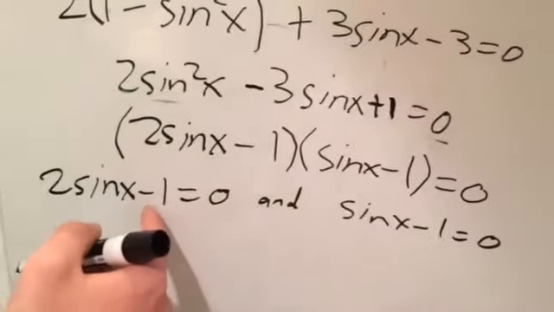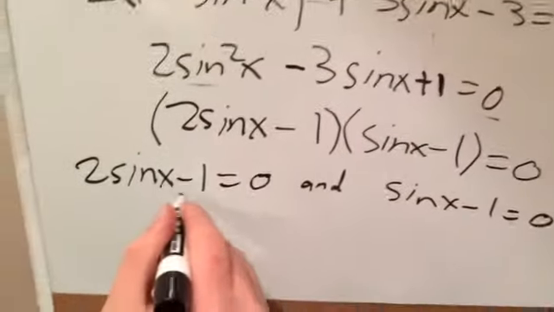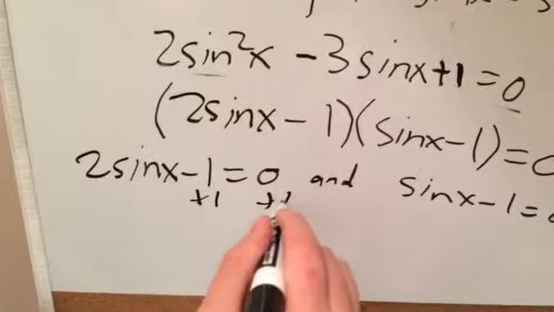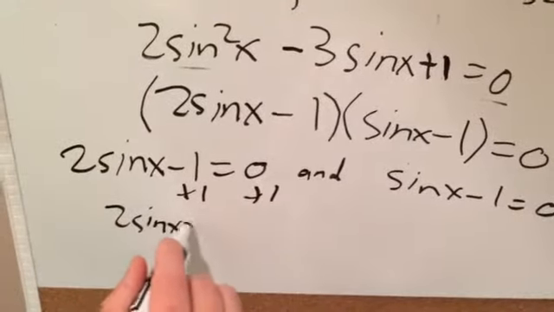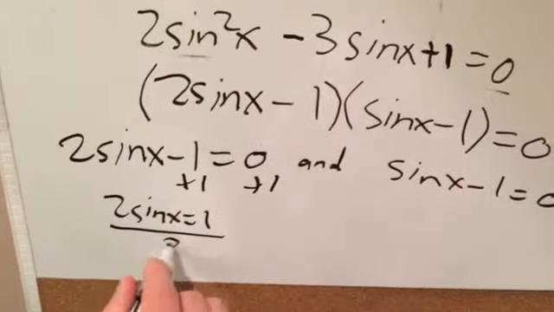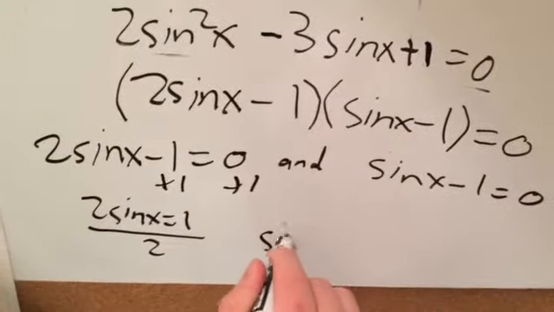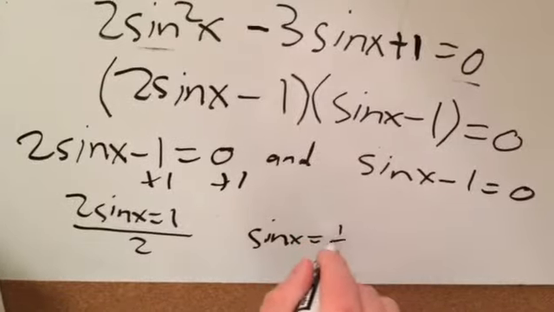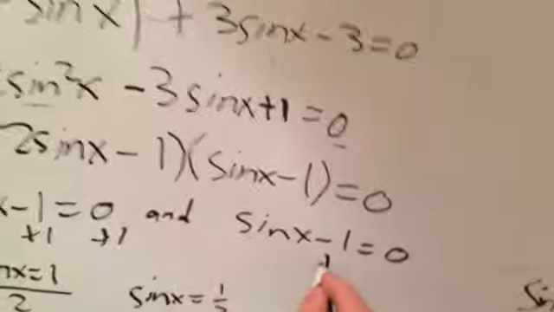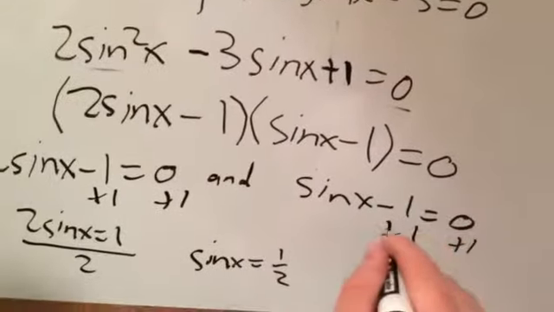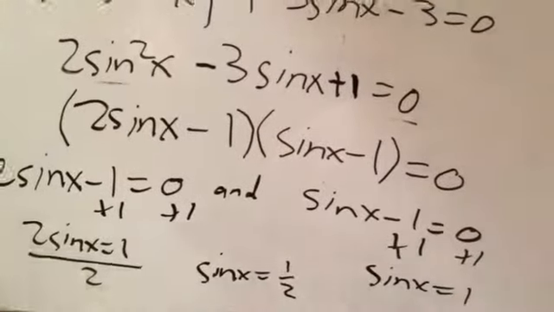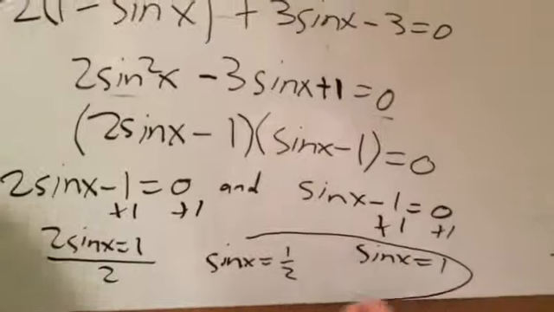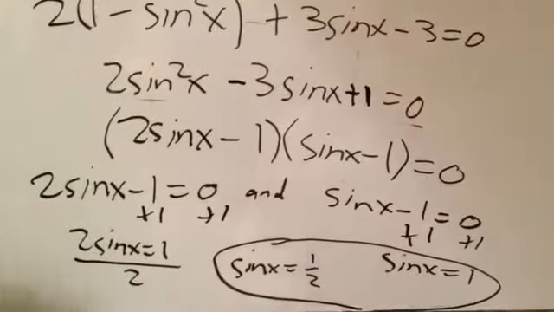We need to get the terms on the other side. So we add 1, we get 2 sine x equals 1, divide by 2, sine x equals 1/2, and then if we add 1 over here, sine x equals 1. We're not done yet, but this is what we have for right now.